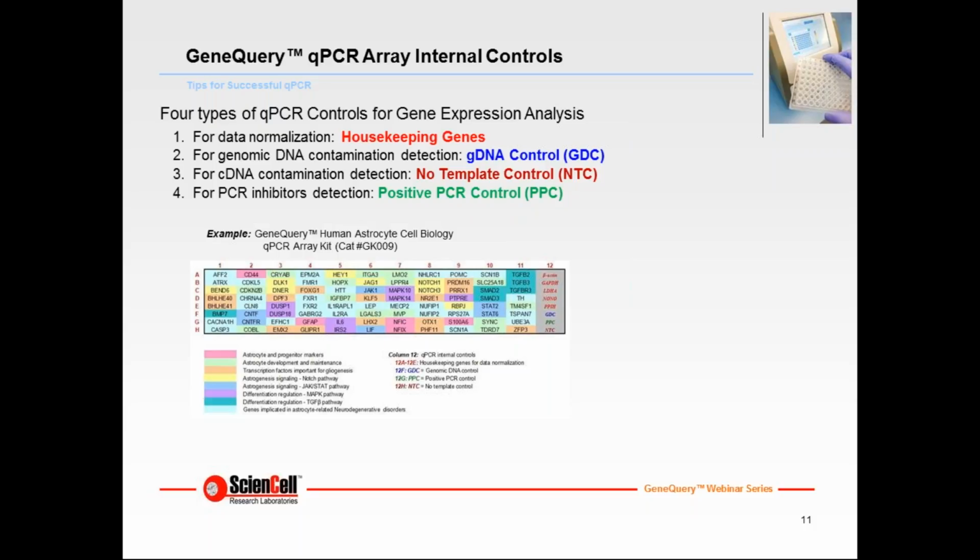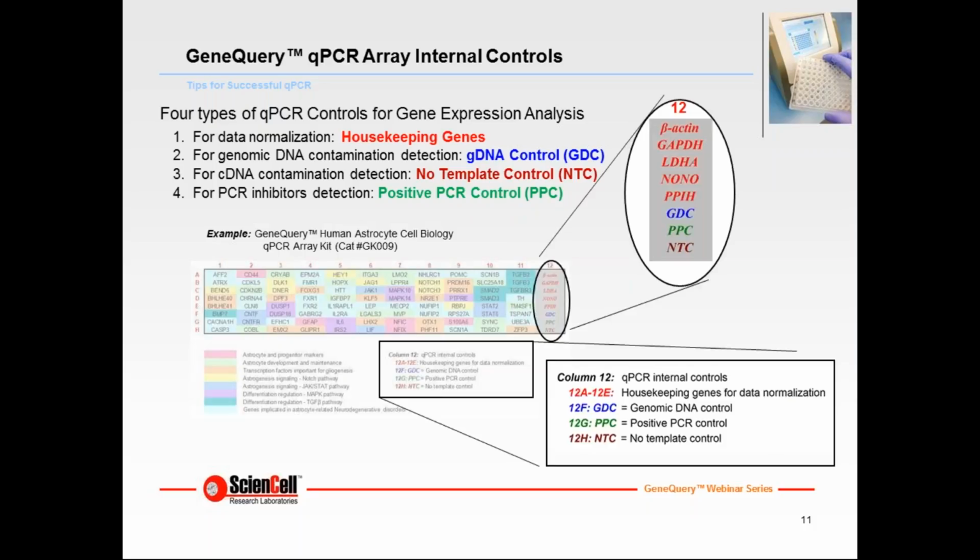Like all other qPCR array kits that we offer, in addition to the carefully selected genes regarding different aspects in cell biology, we include 5 housekeeping genes for data normalization purpose, as shown in red, a genomic DNA control for gDNA contamination detection, as shown in blue, a positive PCR control for PCR inhibitor detection, as shown in green, and the no template control for cDNA contamination detection, as shown in brown, all of which are necessary and sufficient to ensure your data quality.